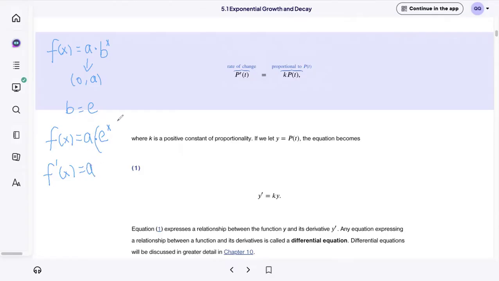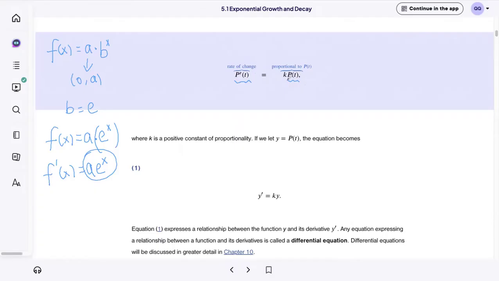We just differentiate e to the x. What's the derivative of e to the x? It is itself. There's something special about exponential functions. So that's what this notation means, right? In the derivative function, we always see the original exponential function. In this case, the original exponential function is its derivative.